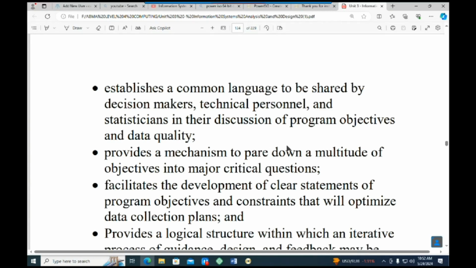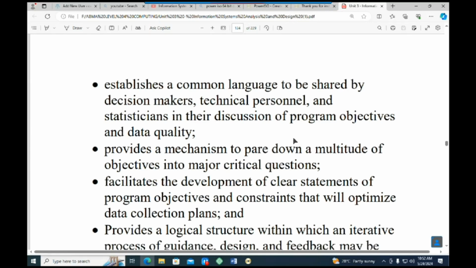That language is going to be used as a channel to share decisions between decision makers, to share technical discussions between technical personnel, and to share statistics based on the discussions of the objectives of that particular program and the quality of data.